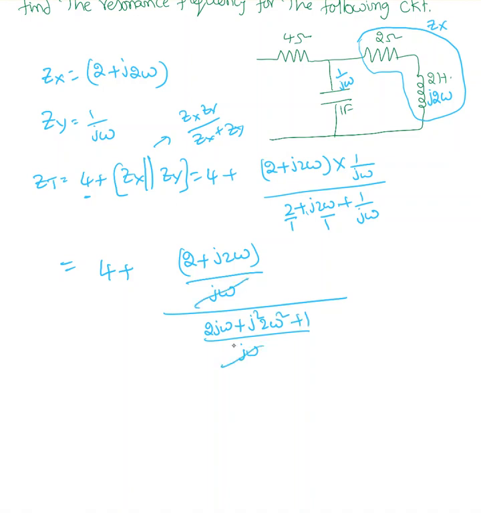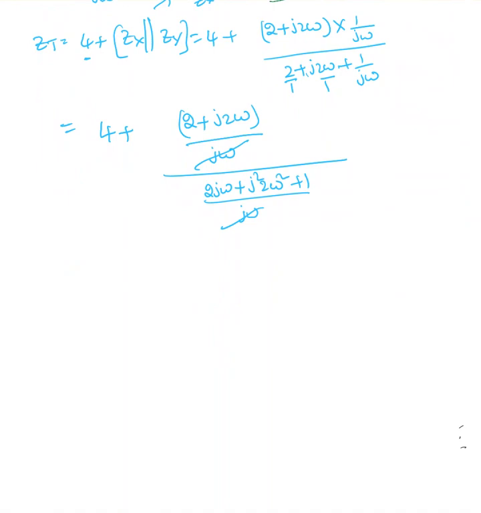Now these two get cancelled out, so we'll end up with Z total equal to 4 plus 2 plus j2 omega over, j square is nothing but negative 1, so negative 2 omega square plus 1 plus j2 omega.